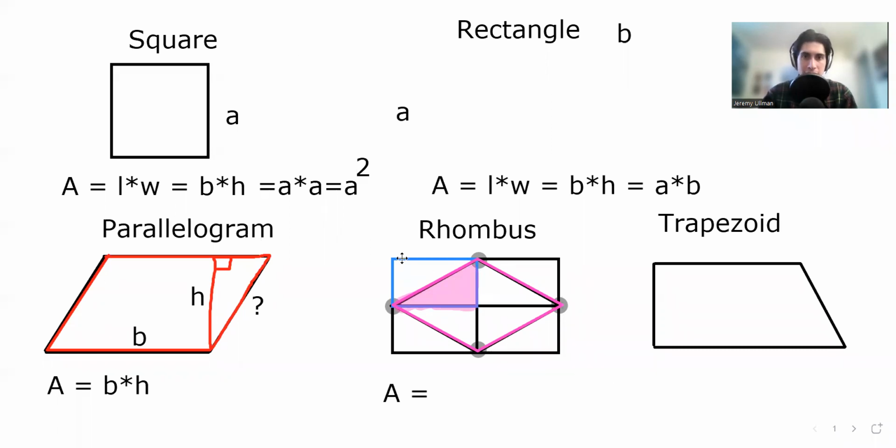Okay, what if we move the blue rectangle to the right? Well, if we shade in the part of the rhombus there, it's still going to be half of that blue rectangle. Maybe you see where I'm going with this. If we go to the bottom right quadrant and we color in the inside of the rhombus, that's going to fill up, once again, half of this blue rectangle.